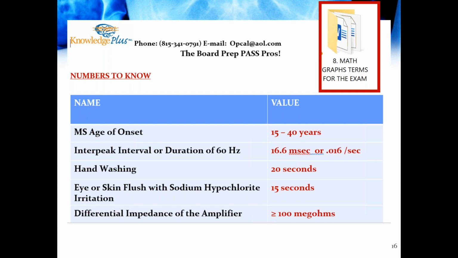And then next, pay attention to the reference sign. So this says it has to be equal to or greater than 100 megohms. So they might have one choice, exactly 100 megohms. They might have one choice, less than 100 megohms. They might have another choice, greater than. So know your number, know your unit, know your sign.